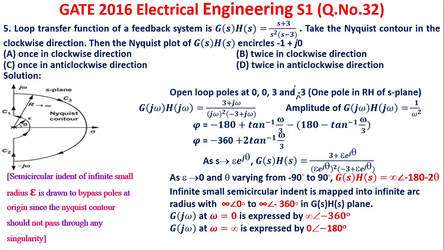That's all. So these are the open loop poles at this point, and 1 open loop zero at this point. I will write it in short form as open loop zero.